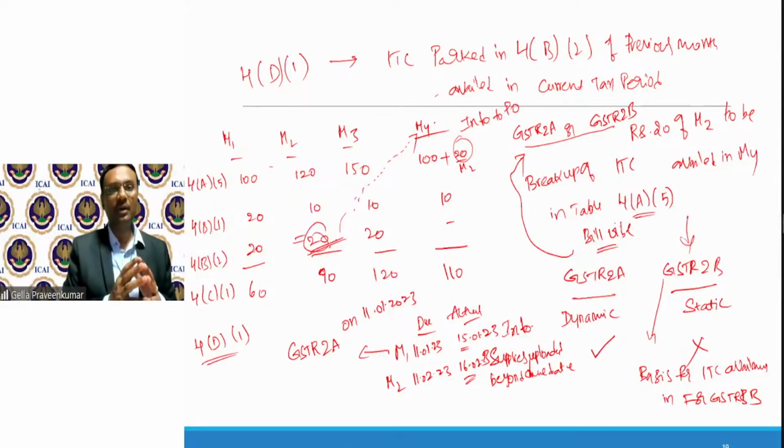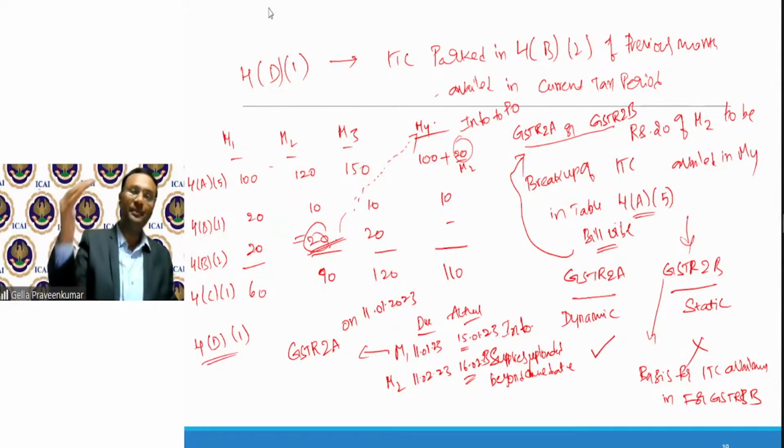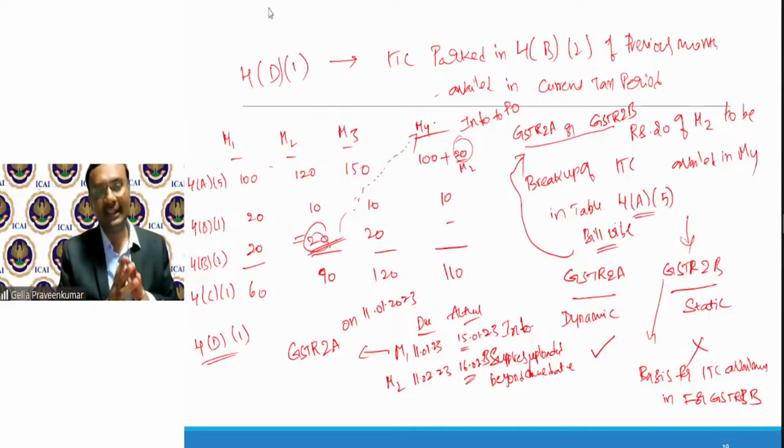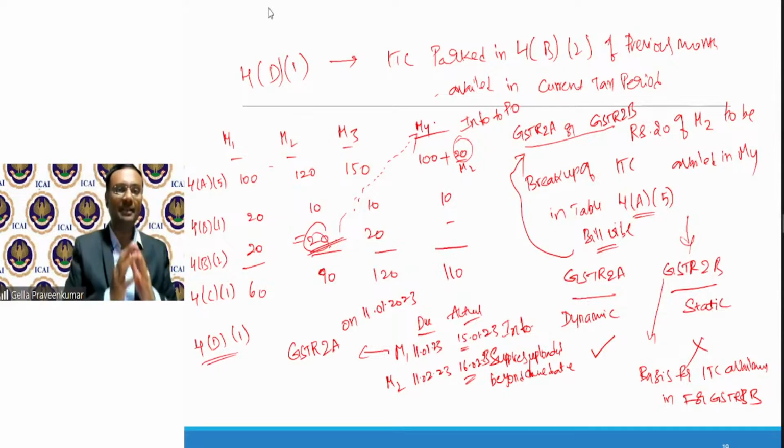Department वाले को month 4 में क्या कर रहे हैं हम? There is an auto-populated credit of 100 rupees. Now to this 100 rupees, I'm adding manually 20 rupees. Now the department fellow will ask, Rahim, month 4 आपका GST return में, month 4 in your GSTR-3B, only 100 rupees is available, right?